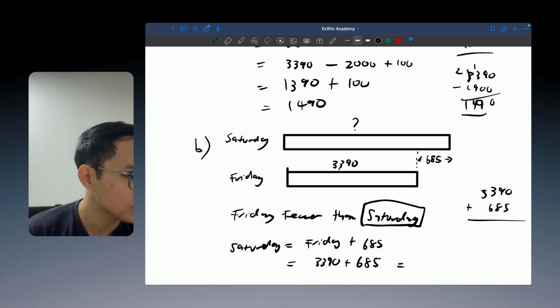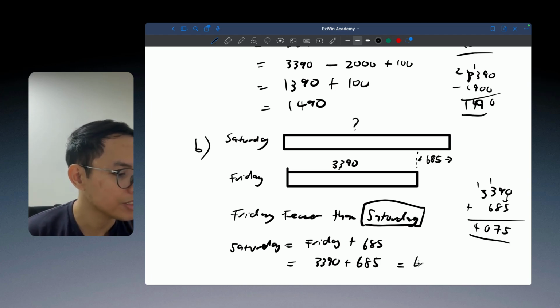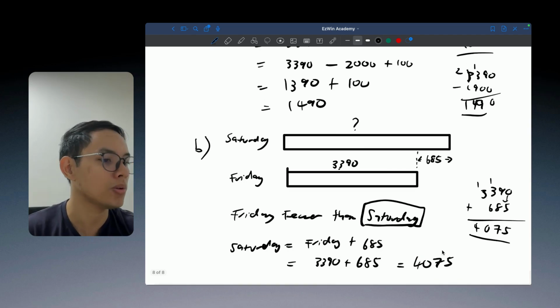So 0 plus 5 is 5, 9 plus 8 is 17. Put a 1 over here. 3 plus 6 is 9, but you have a 1, so that means it's a 10. And then 1 over here. 1 plus 3 is 4. So 4,075. So the answer for B is 4,075.